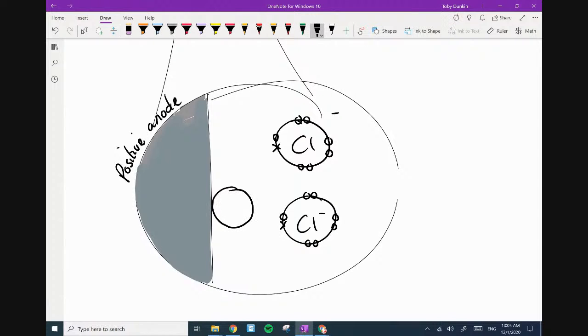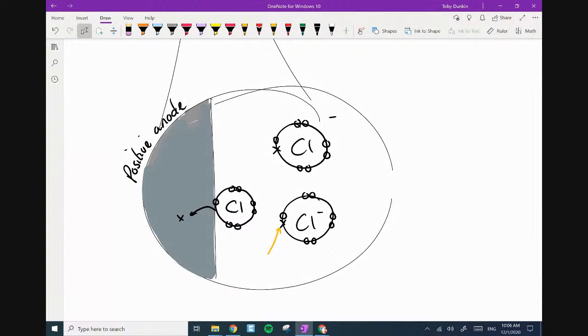when the chloride ion strikes the electrode, the extra electron, the electron that didn't belong to it, is physically ripped off. I'm going to show it as a cross, like that. That electron here, that electron there, the extra electron is literally ripped off it.